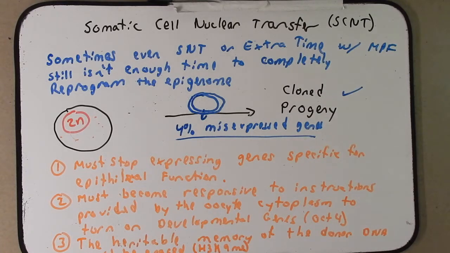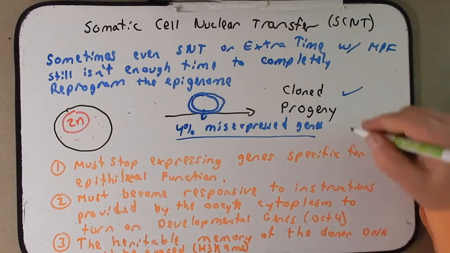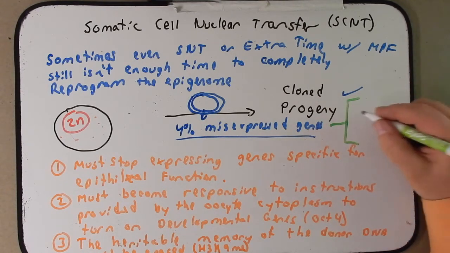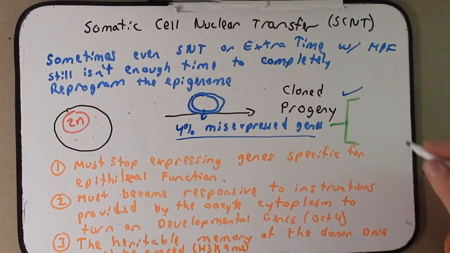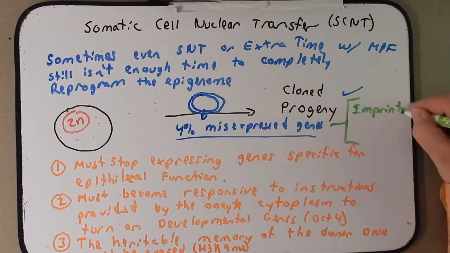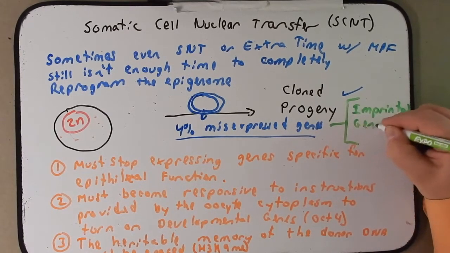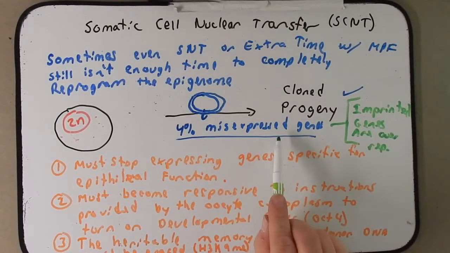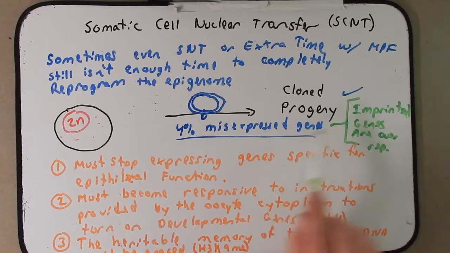Now, an interesting thing here, and I hate to just put it on the side here because it's a really important point, so make a note of it, is that of these 4% or so misexpressed genes, imprinted genes are overrepresented. Meaning that of the genes that are misexpressed, it's usually imprinted genes that are misexpressed.